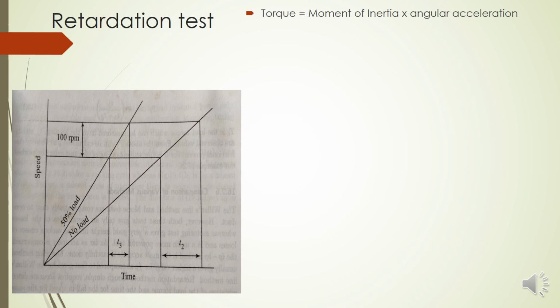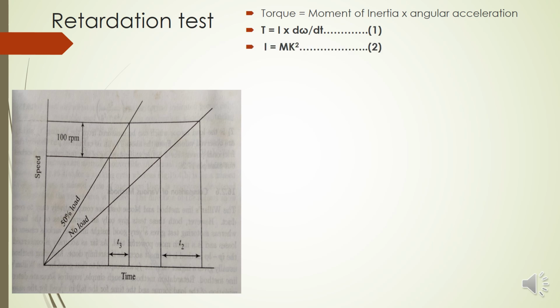We already know the equation. Torque is moment of inertia into angular acceleration. So T is equal to I into d omega by dt. T is torque, I is the moment of inertia, omega is angular velocity, so angular acceleration is d omega by dt. Now what is I?